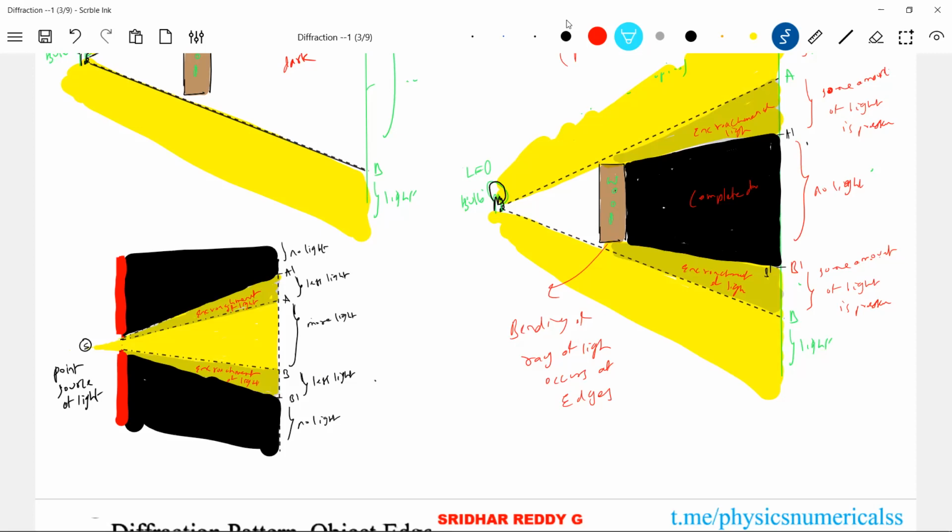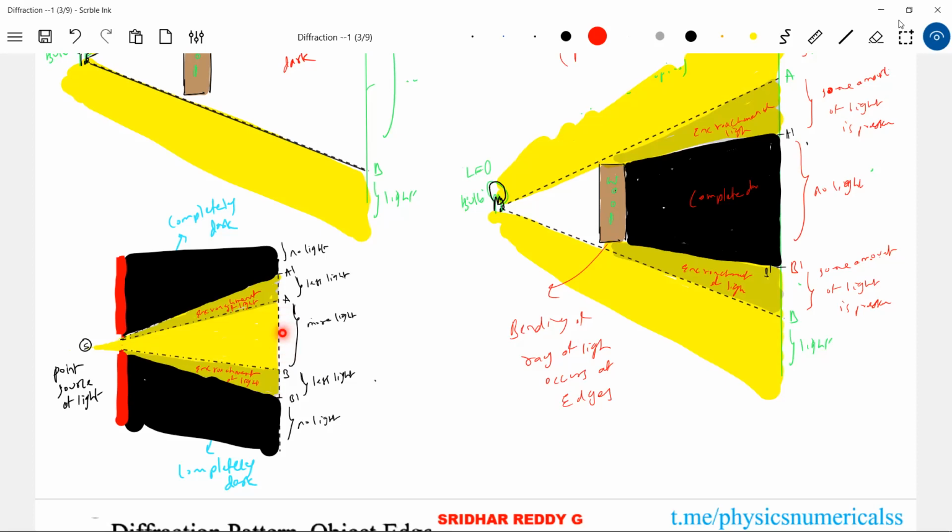I'm unable to write anything, let me put it here. Completely dark, and this also completely dark. Here the light is passing through the slit, so it will get illuminated.